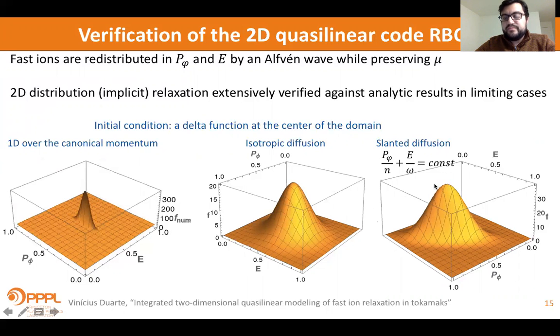However, from Hamiltonian mechanics we have the constraint that if a particle is interacting with an Alfvén wave, then a combination of P phi and energy is conserved, and that's what we see. So we see this preferential direction for diffusion of energetic particles in a slanted path in energy and P phi.